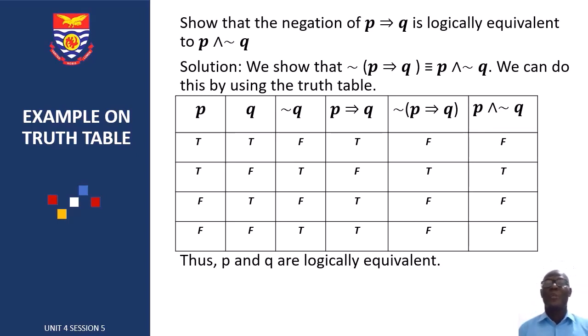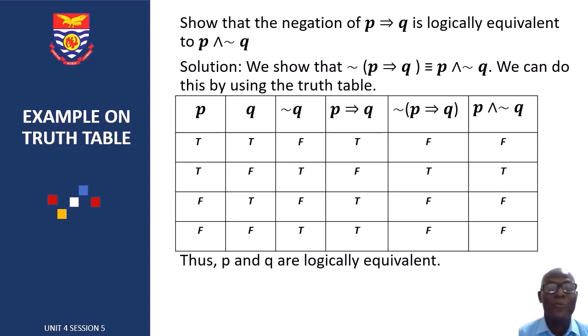We want to show that the negation of P implies Q is equivalent to P conjunction negation of Q. In the truth table, P is truth, truth, false, false.